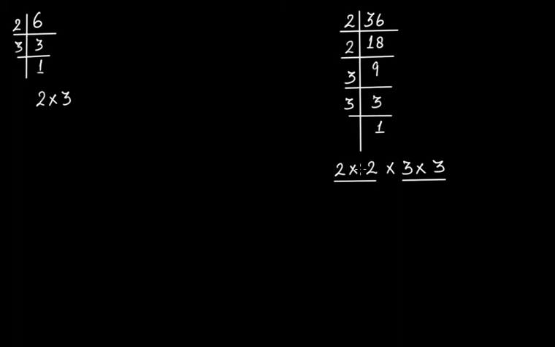The prime factor 2 appears twice the number of times it does here, and the prime factor 3 appears twice the number of times it does here, right? So 2 is 2 times what we have in 6, and 3 is also 2 times what we have in 6, right?